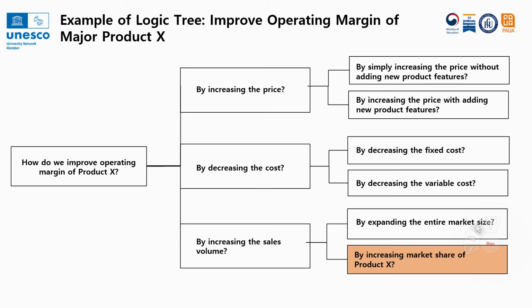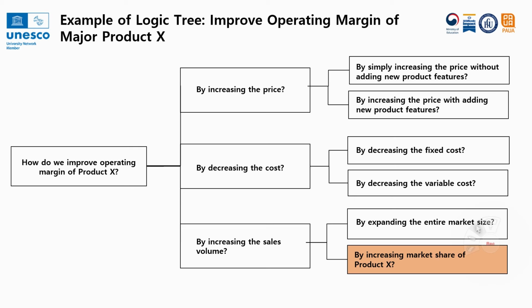So, in order to improve the operating margin of product X, at the first level, we divided this sophisticated problem into a relatively simple 3 ways of potential solutions: increasing the unit price, decreasing the unit cost, increasing the sales volume.